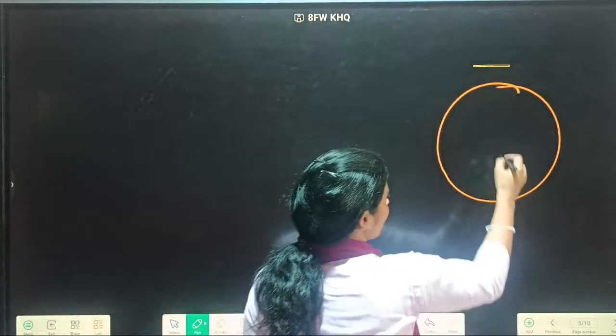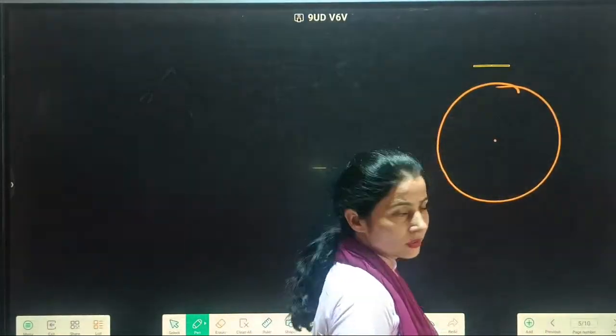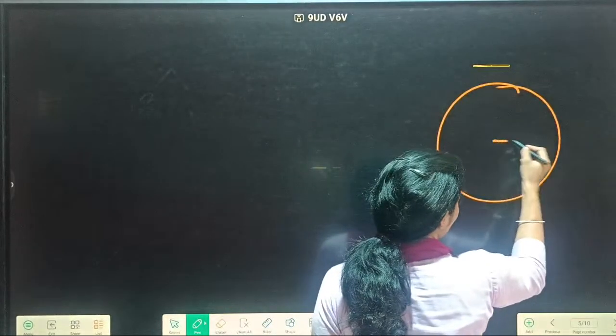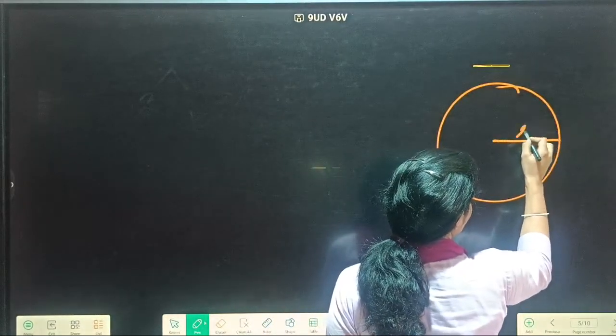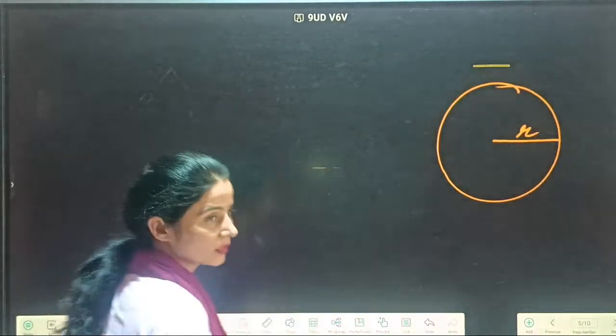This is a circle. Now see, this is the center of the circle. Center of the circle. And it is drawn with this radius. Say this is R. This is R.